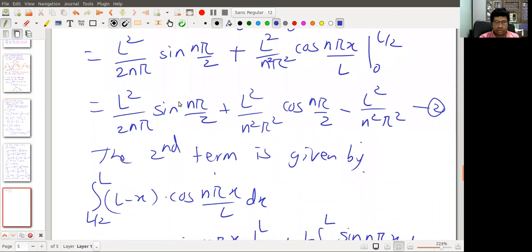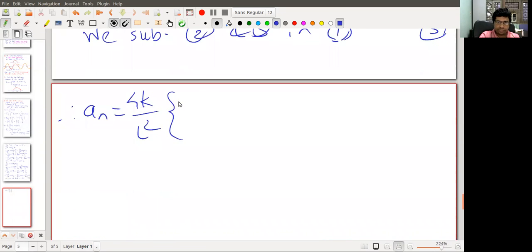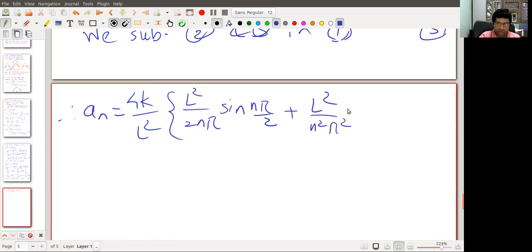It is L square upon 2n pi sine n pi by 2 plus L square upon n square pi square into cos n pi by 2 minus 1.